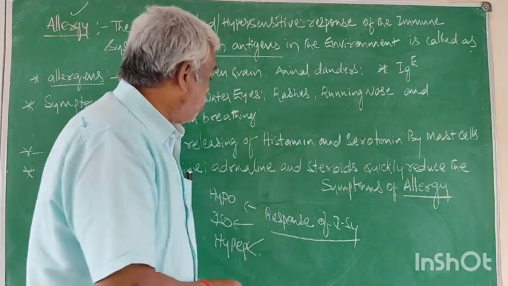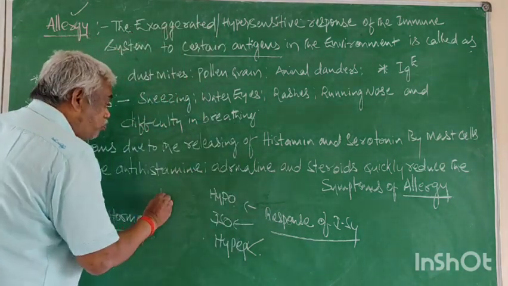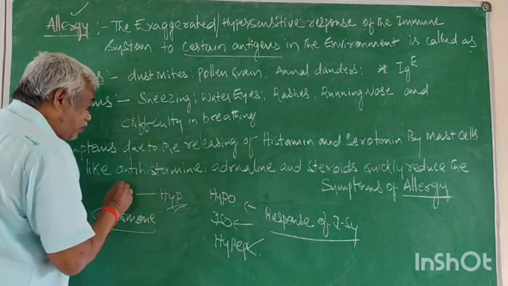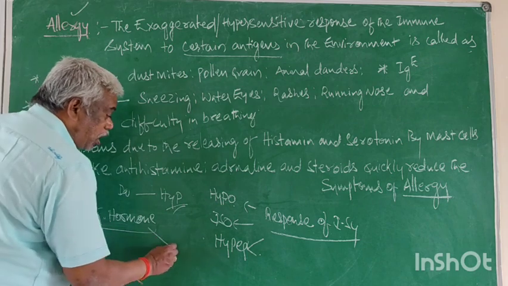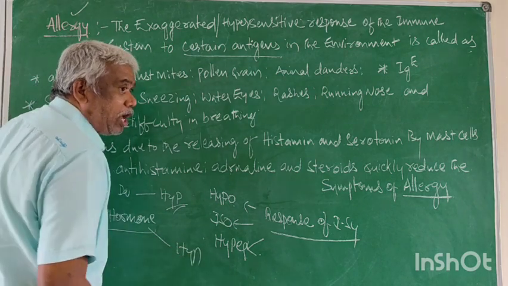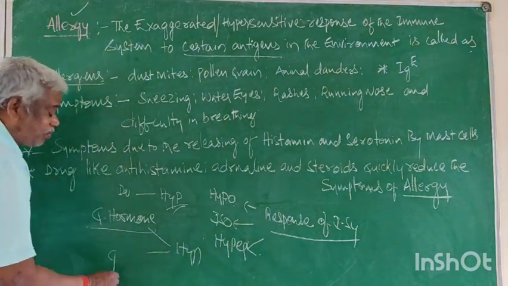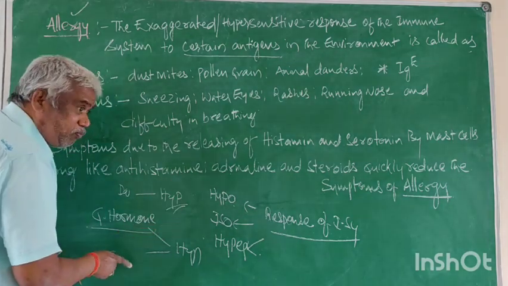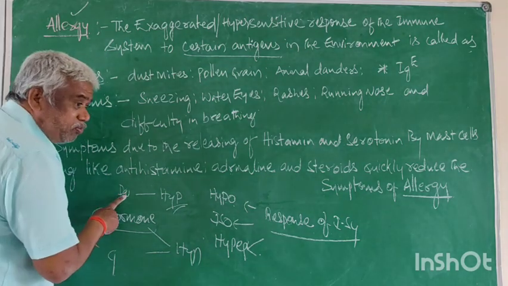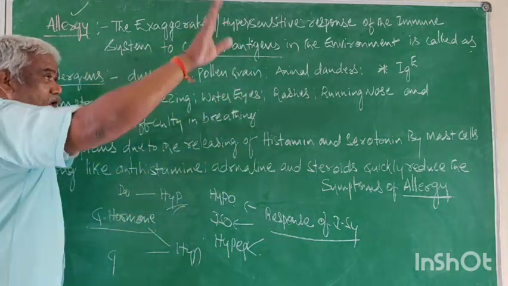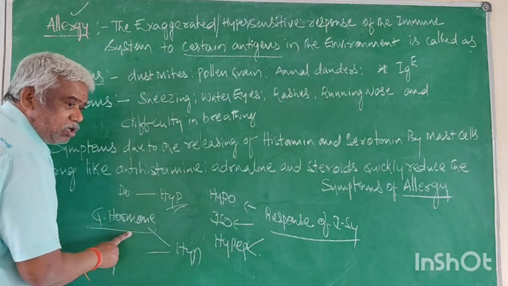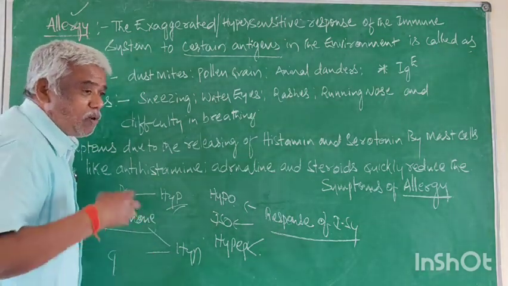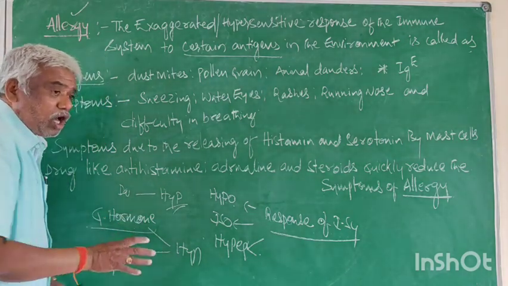Good. If the growth hormone is hyper, gigantism. Gigantism is due to over secretion of growth hormone. Dwarfism is hyposecretion of growth hormone. That means our body requires the growth hormone to be optimal.